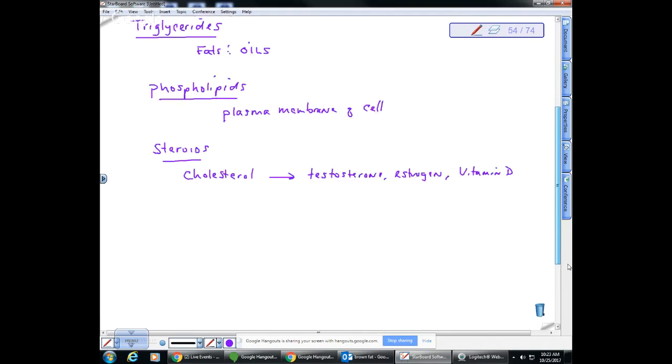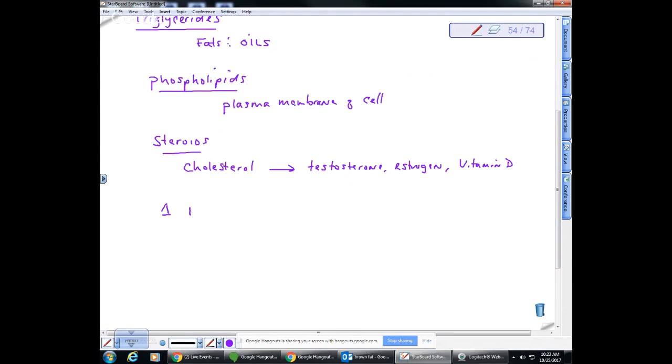Okay, so there is one essential lipid, and this is linoleic acid, and this is an omega-6 fatty acid.